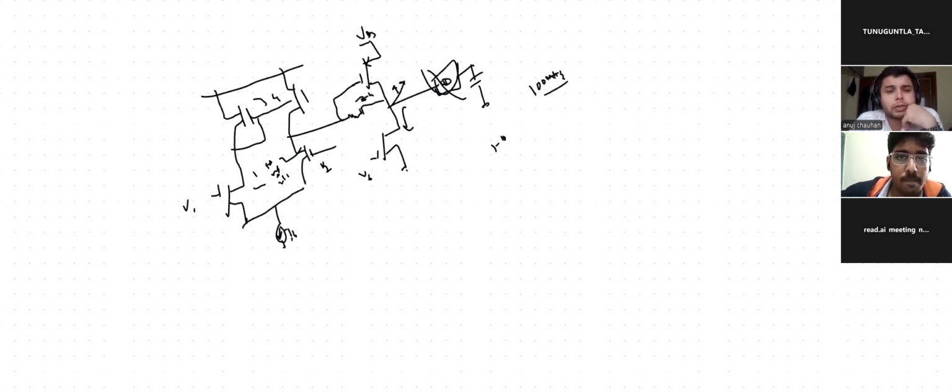This is around 2 or 3, something like that. What about the gm of 3 and 4? The gm of 3 and 4, I don't remember the exact values. What was the range, like why did you keep them high or low? This high or low depends on the unity gain bandwidth. Since the unity gain bandwidth is higher, we calculated this.